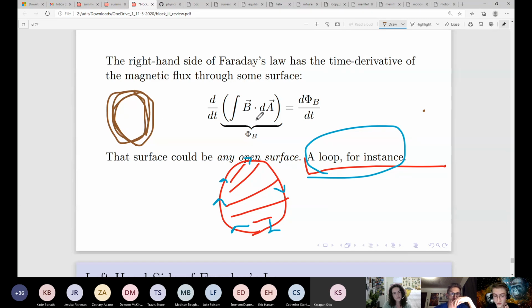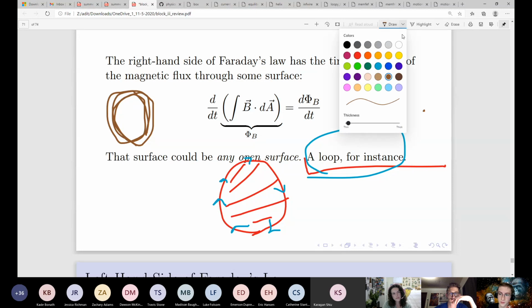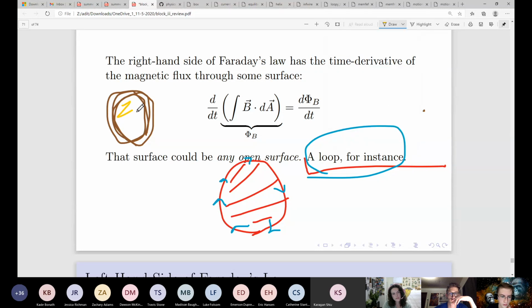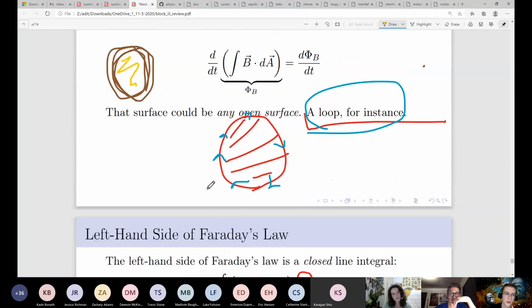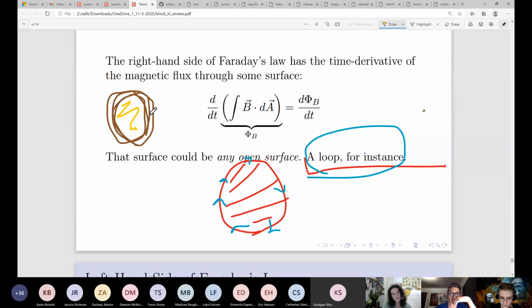If there's a changing B field, then there's a changing flux in the middle of that wire loop. The left-hand side of Faraday's law is going to be the line integral along the boundary of that loop. And we'll see this further down, but what that line integral always comes down to is just going to be the induced EMF along that loop. So it's going to be the voltage in the loop here.